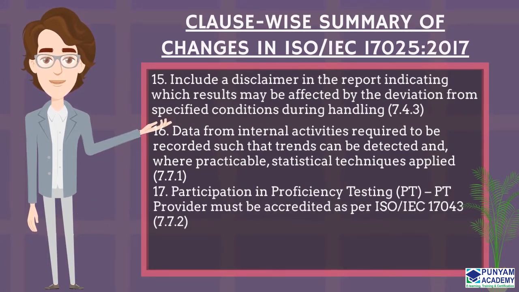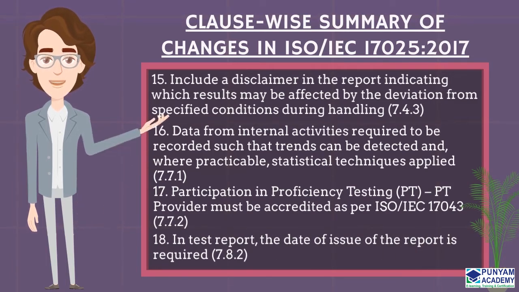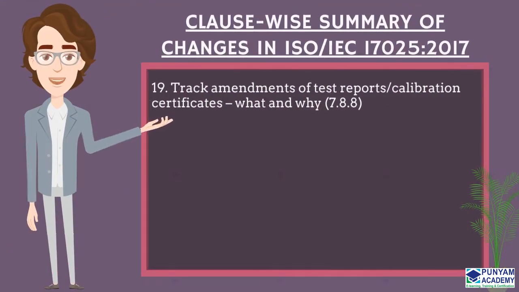Participation in proficiency testing: the provider must be accredited as per ISO IEC 17043 in Clause 7.7.2. 18. In the test report, the date of issue of the report is required in Clause 7.8.2. 19. Track amendments of test reports or calibration certificates, what and why, in Clause 7.8.8.